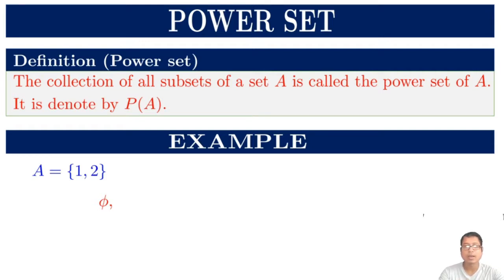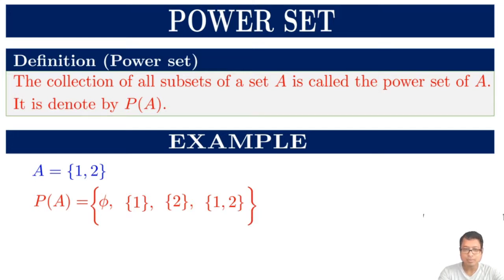And if I consider a single element 1, that is also a subset of A. Single element 2 is also a subset of A, and overall 1 and 2, that means the whole set A, is a subset of A. Why? Because every element of this set 1, 2 is also an element of A, so that's why this is also a subset of A.